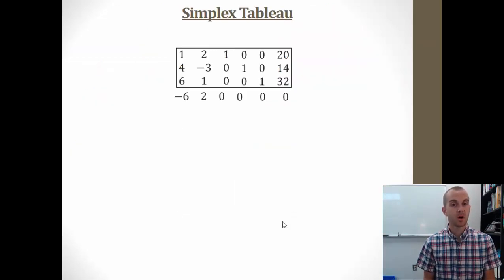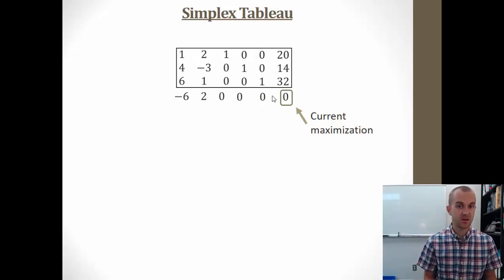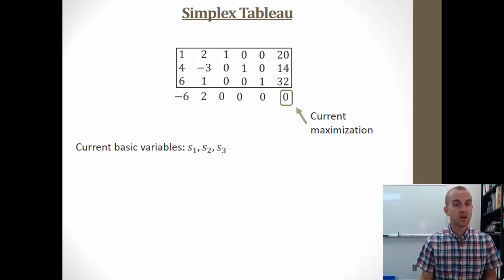So if I want to look at the parts, again, as I simplify my simplex tableau, my bottom right value becomes the maximization value. It'll tell me what is the objective function's value, that z value. And if I look at it, my current basic variables are S1, S2, and S3 because they are the pivots.